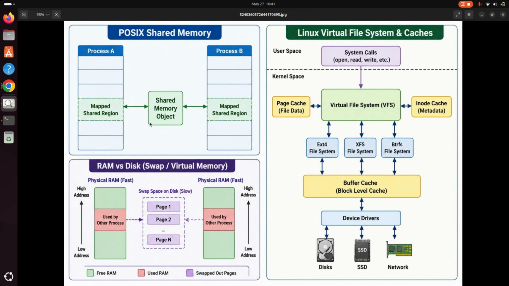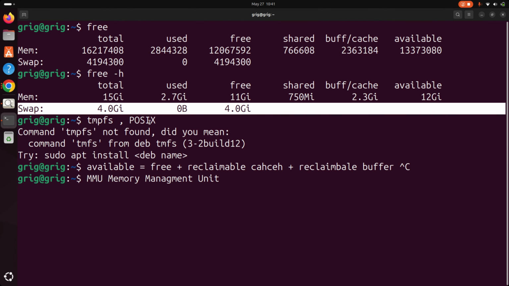Second, high swappiness. Linux has a setting called vm.swappiness. This controls how aggressively Linux uses swap.